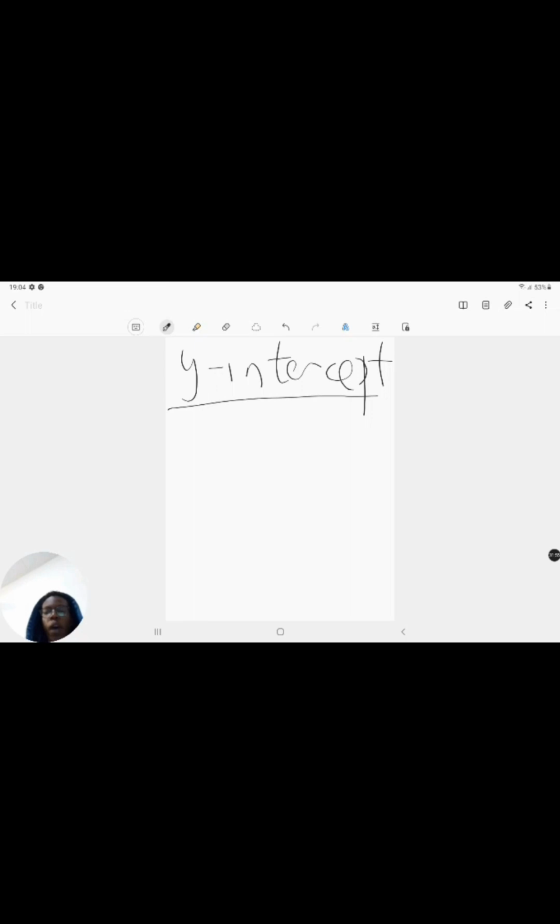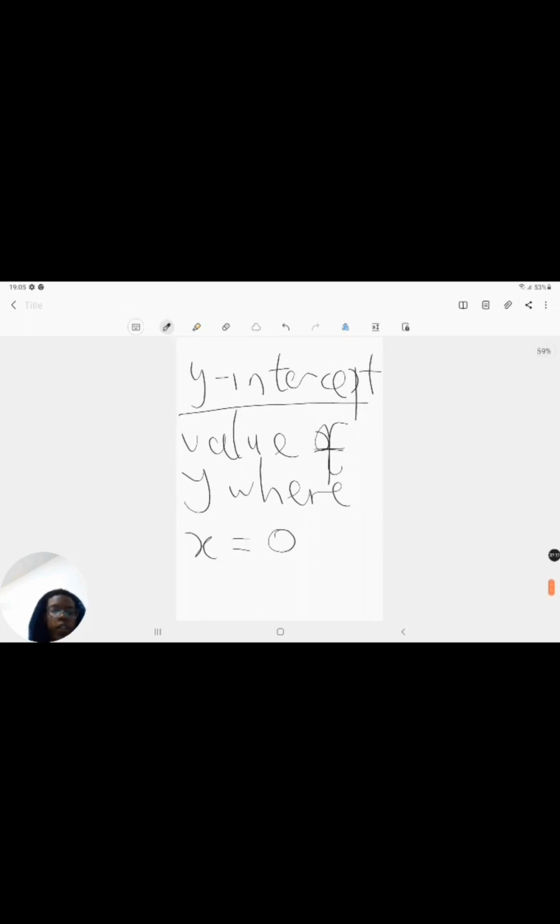Y-intercept. Your y-intercept is your value of y where x is equal to 0. What does this mean?